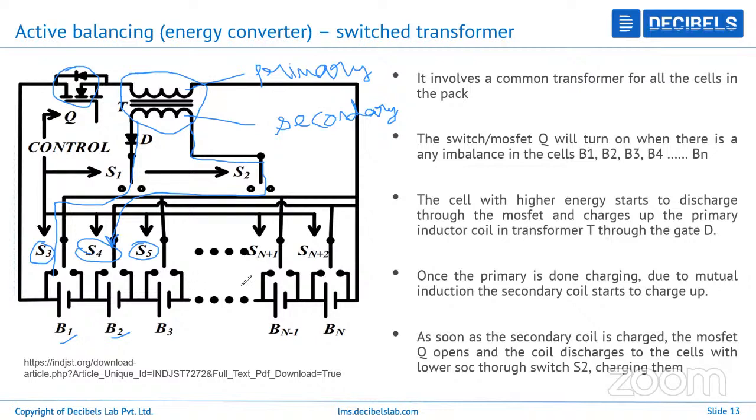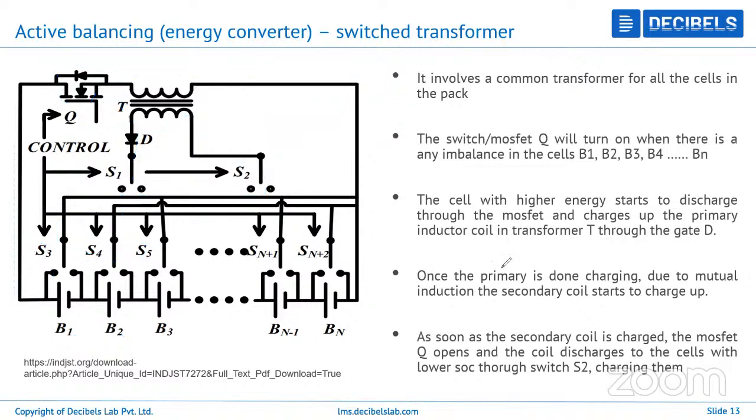But again, this has the similar drawback to the single capacitor based method. Usually this kind of method is a bit slower compared to the capacitor based method, because it takes some time for the coils of the transformer to charge up. So it won't be instantaneous.